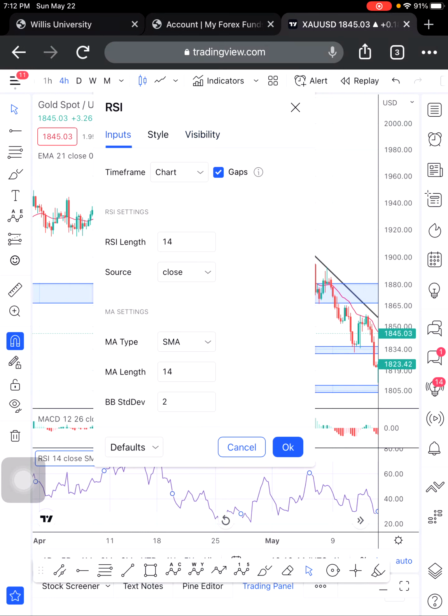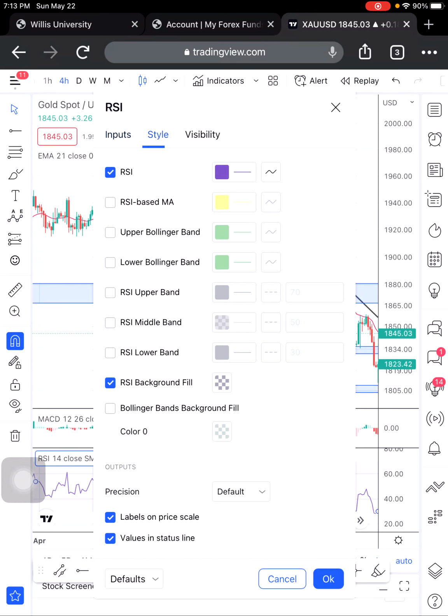Now we'll go to the inputs. The RSI length is default, which is 14. The only thing we are going to change here is the description of the RSI.